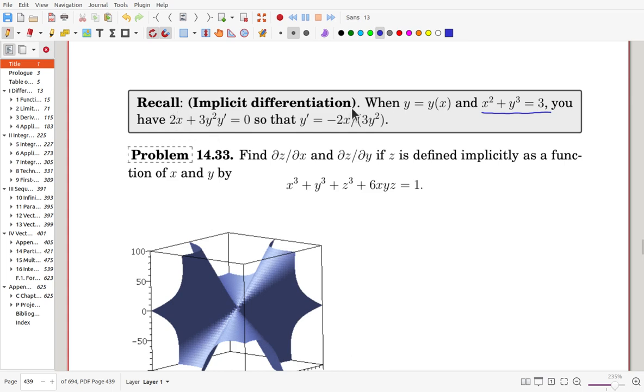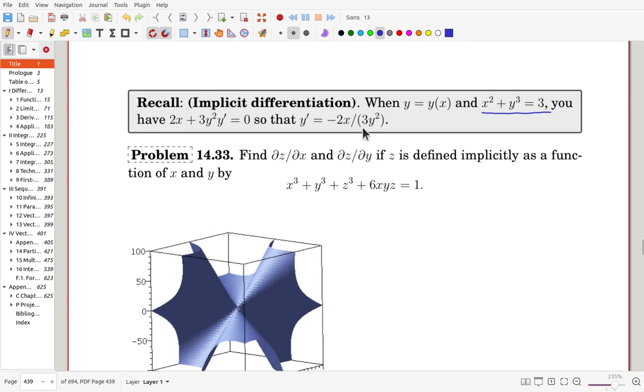So it's 2x from this one, and now first you are making the y derivative, so 3y squared and y's x derivative. Of course, the right side must be 0 once differentiated. Okay, so from this equation, you can get y prime by solving the equation.